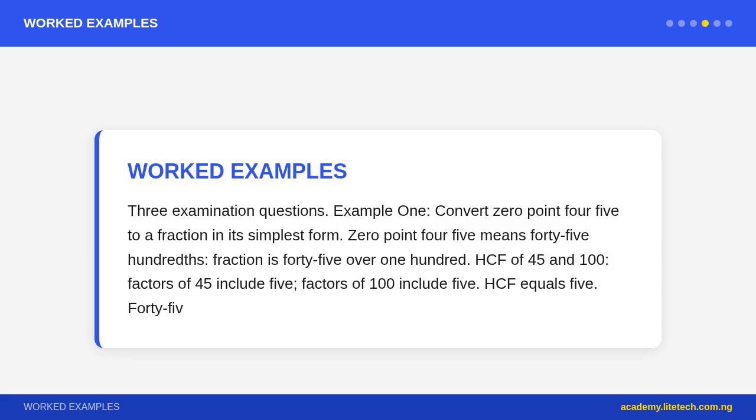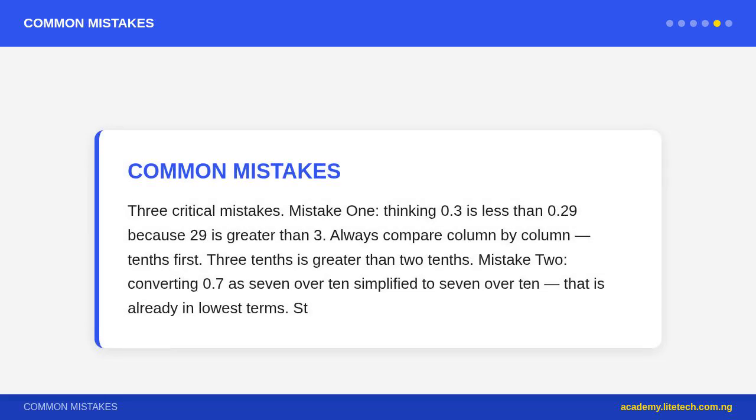Tenths, 0.4 and 0.47 have 4, so they come before 0.5 and 0.509. Between 0.4 and 0.47, hundredths column, 0.4 has 0, 0.47 has 7. So 0.4 is smaller. Between 0.5 and 0.509, thousandths column, 0.5 has 0, 0.509 has 9. So 0.5 is smaller. Ascending order, 0.4, 0.47, 0.5, 0.509.